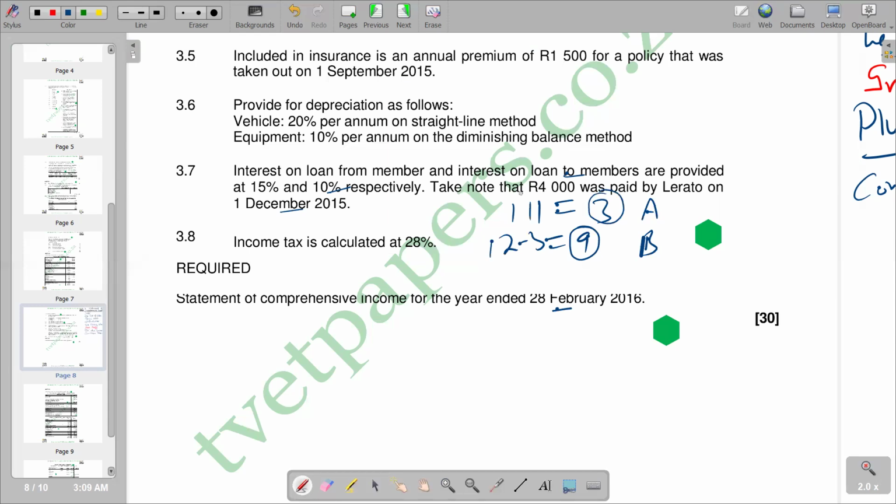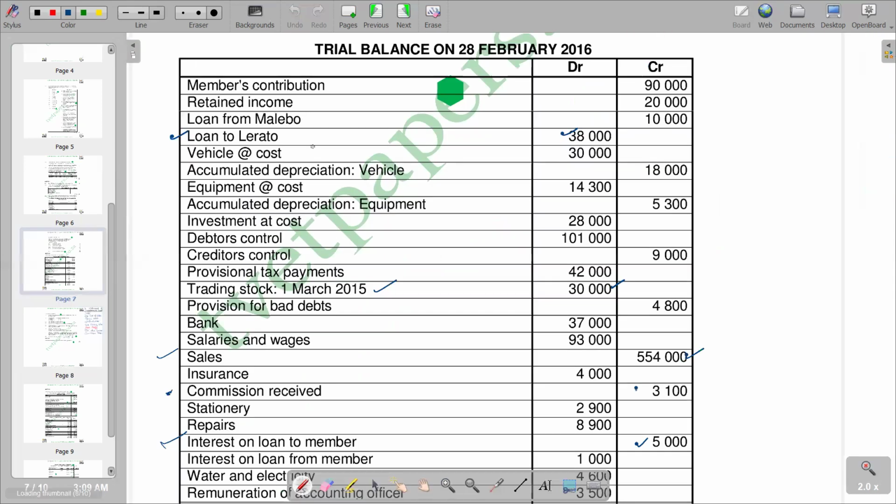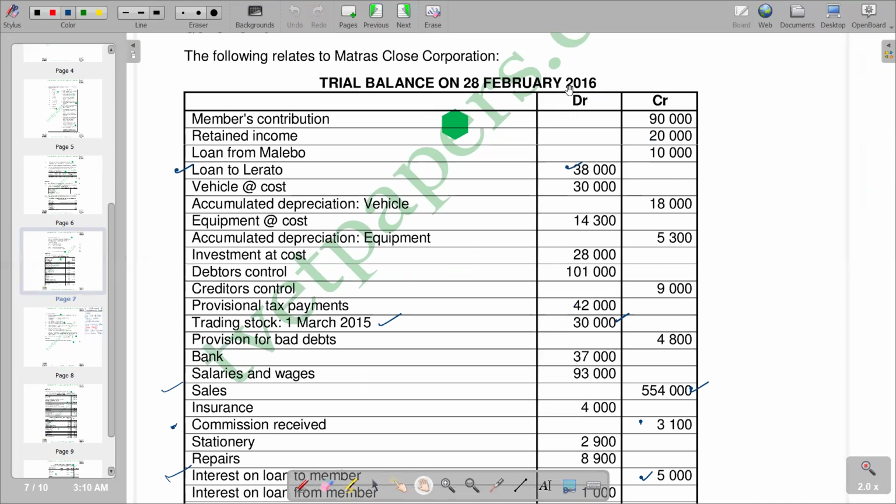And this 4,000, if you go to the balance that we have here, it means the balance that we are given for Lerato, 38,000, had already had the 4,000 subtracted, because the balances that we are given are as at February 2016, which means it was after the repayment. So this balance is after the repayment.